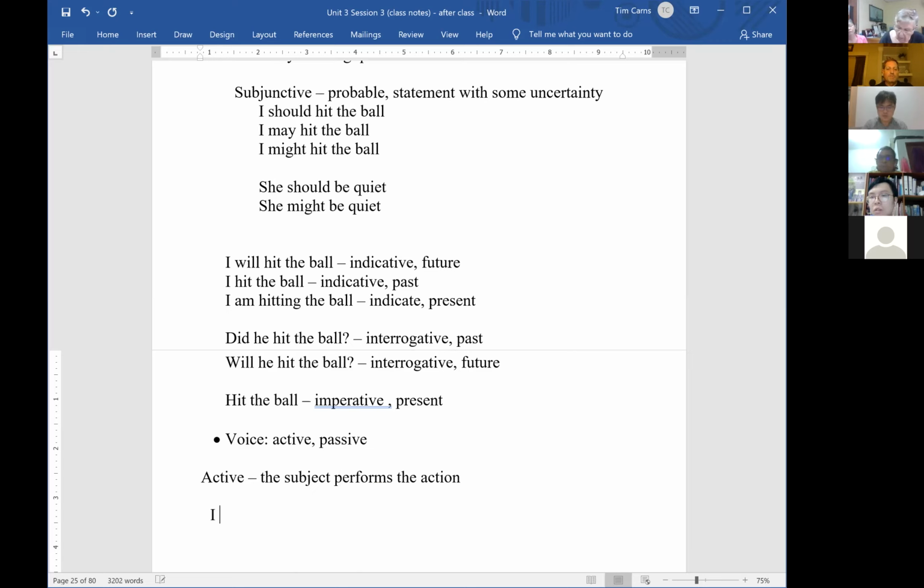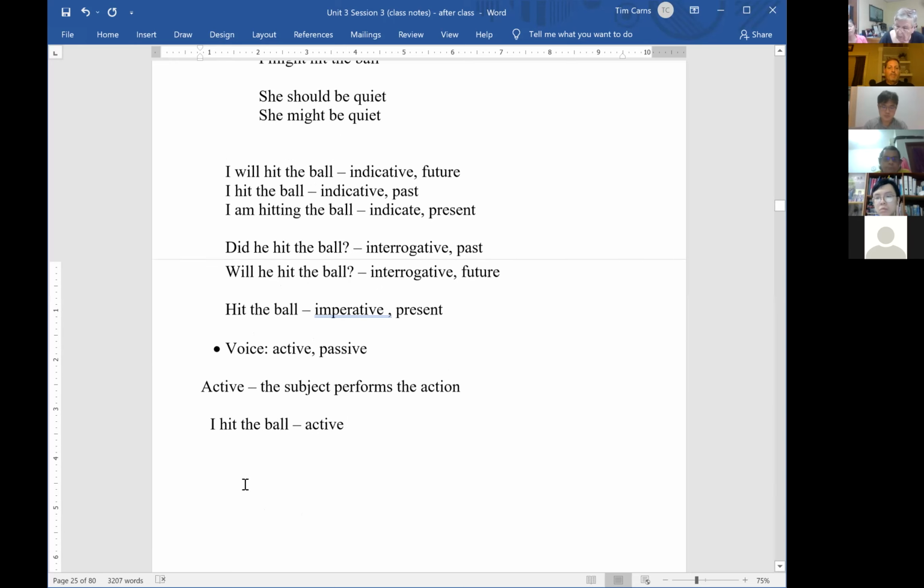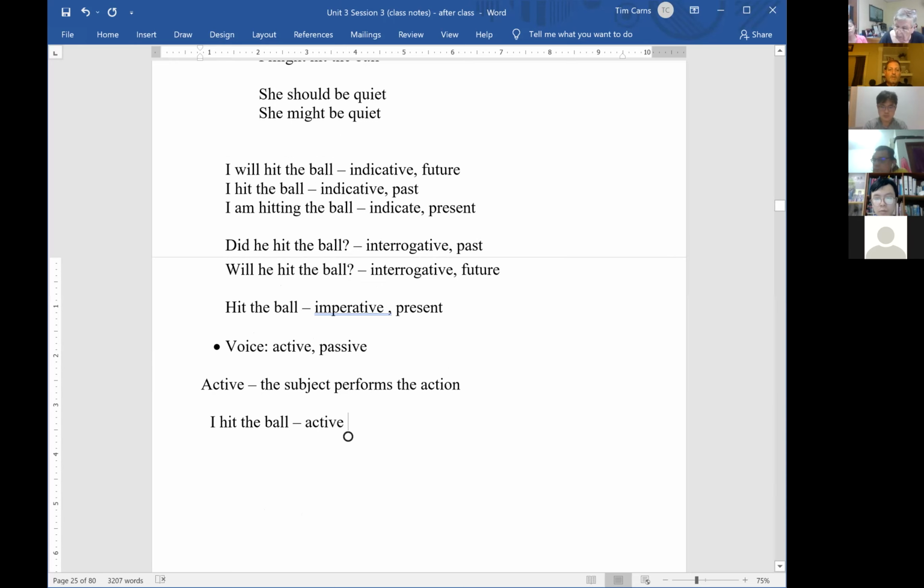So as I've been using this one, I hit the ball. Here, hit is active. The subject's doing the action. Okay. In the passive voice, the action is being done to the subject in the sentence. So for example, the ball was hit.